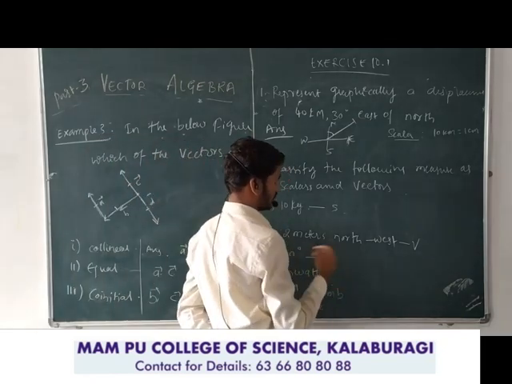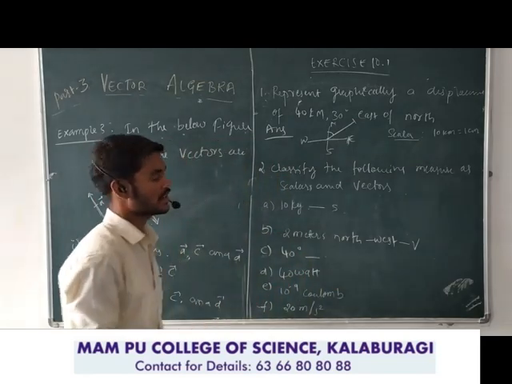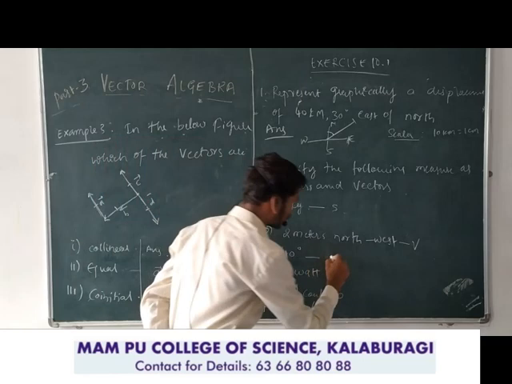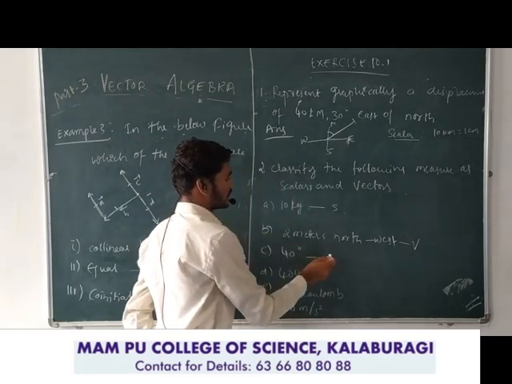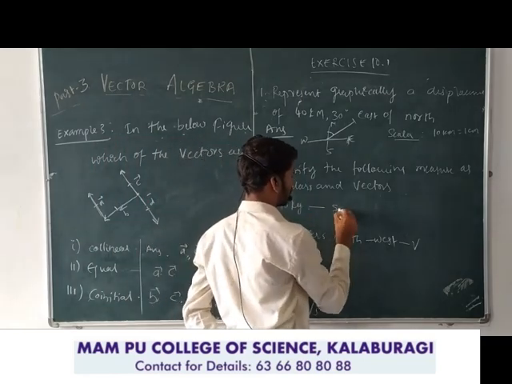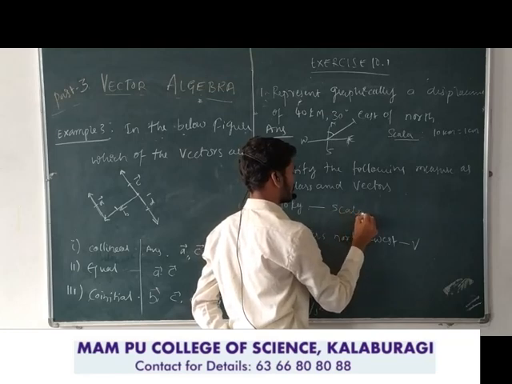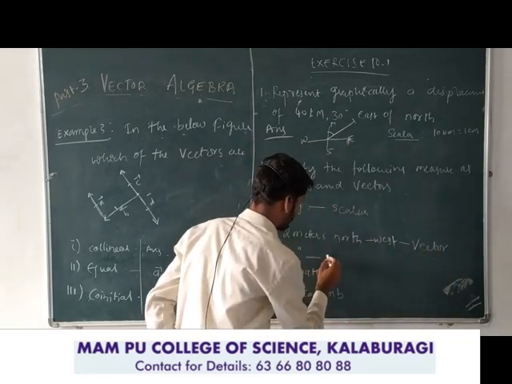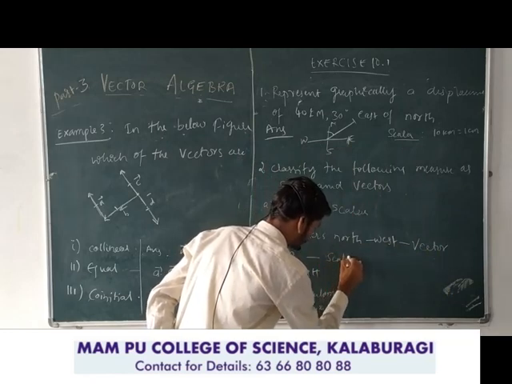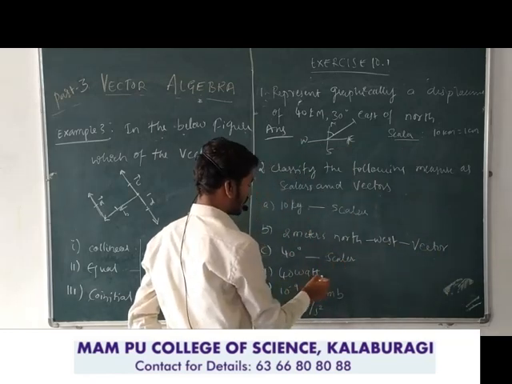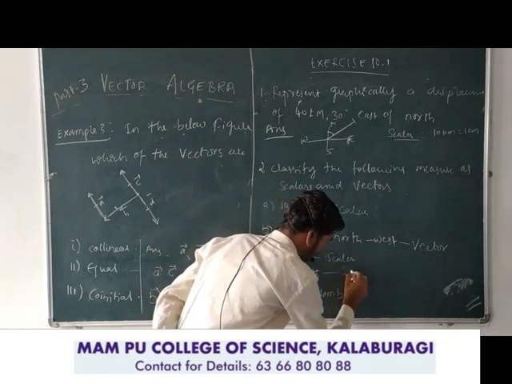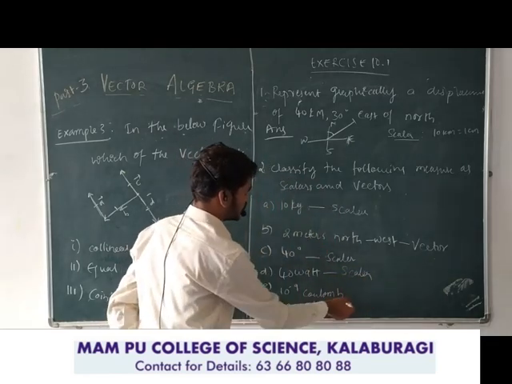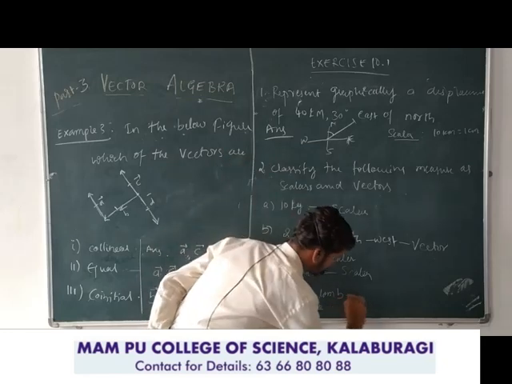See the introduction part, temperature is also one example of a scalar quantity. So I can write clearly: scalar, vector, and this is also scalar, and this 40 watt is also scalar. This is charge, coulomb comes under charge. It is also scalar.